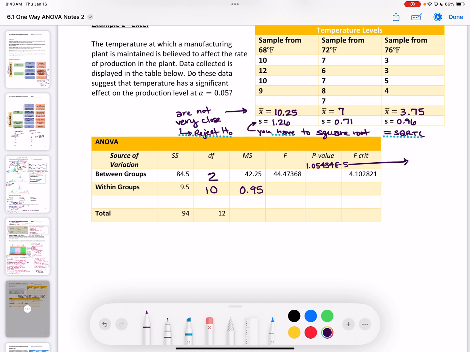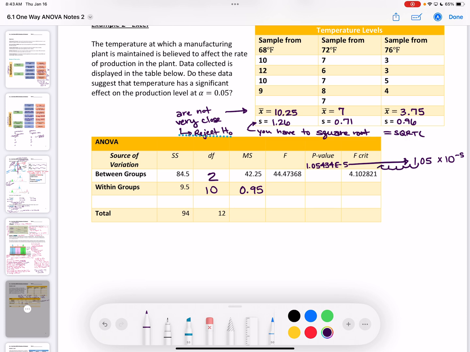Let me write it over here. That means 1.05 times 10 to the -5. Right? You learned that last year in chemistry. It's called scientific notation. So that means you have to move that decimal to the right or left, y'all? Left. Yes, it's a tiny number. So we're going to move this decimal. It moved this decimal 1, 2, 3, 4, 5.